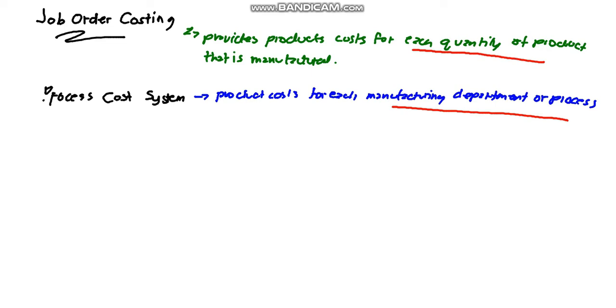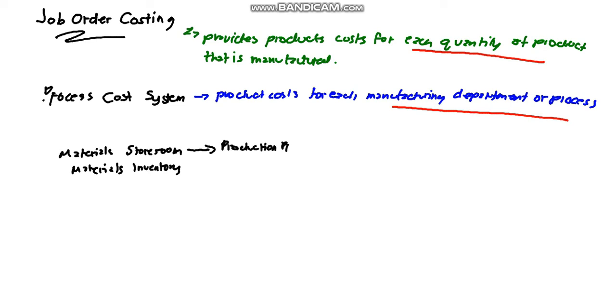The flow of manufacturing cost usually is from the materials storeroom, which would be referred to as materials inventory, and then it goes to the production process, or what we call work in process.